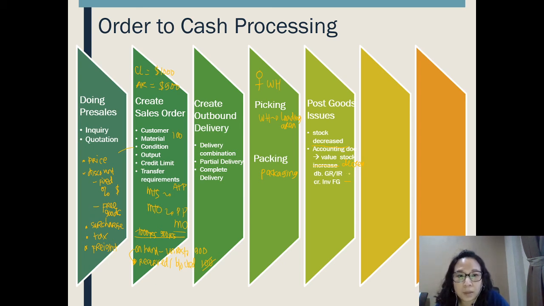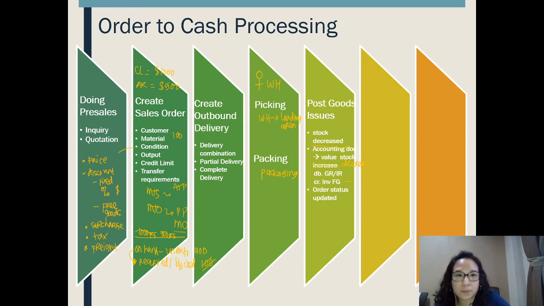The GRIR is actually supposed to take note of the cost of goods sold, but because we want to make sure that the cost of goods sold will be posted together with the account revenue later on, that's why in the post goods issue we put it temporarily in the goods receipt and GRIR account. Later on, remind me to explain these things during the discussion, okay?